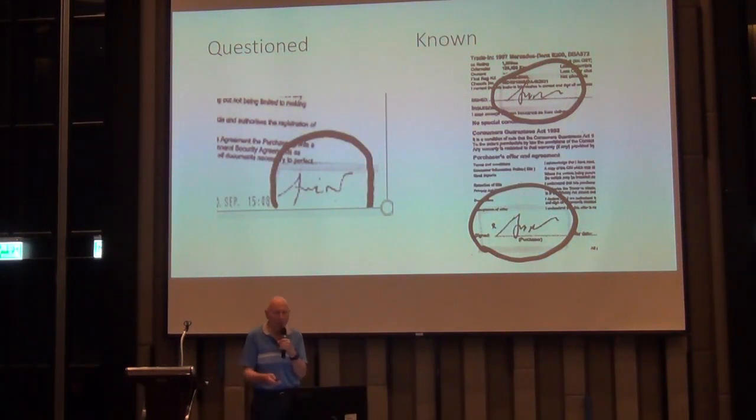Okay, so once again, the more known signatures I have with the question signature, the better my opinion. My opinion is not expressed in percentages. My opinion is expressed in the International Association of Document Examiners scale, from conclusive to highly probable to probable to little indication to inconclusive.